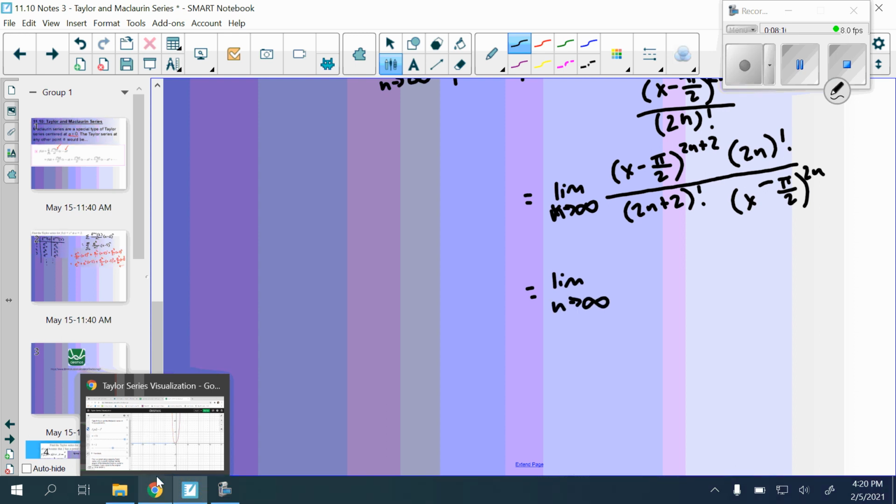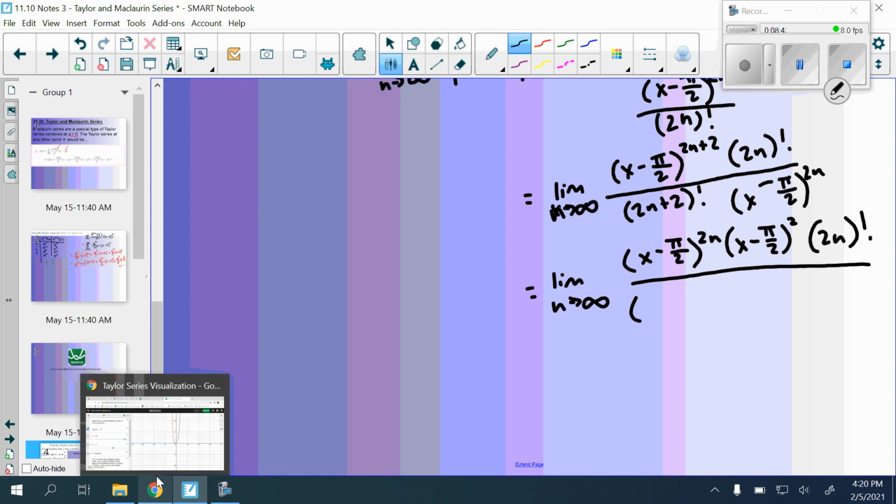So we can make this exponential up here. Another way we could write that, if it's two things added, is as (x - π/2) to the 2n times (x - π/2) to the 2, because if you have the same base and you put it together, you add the exponents.